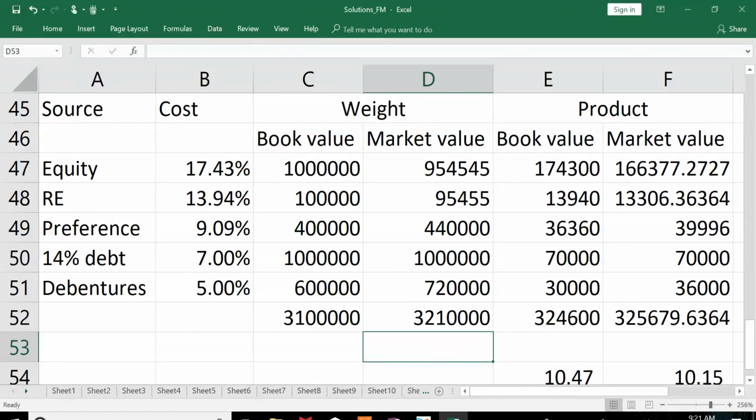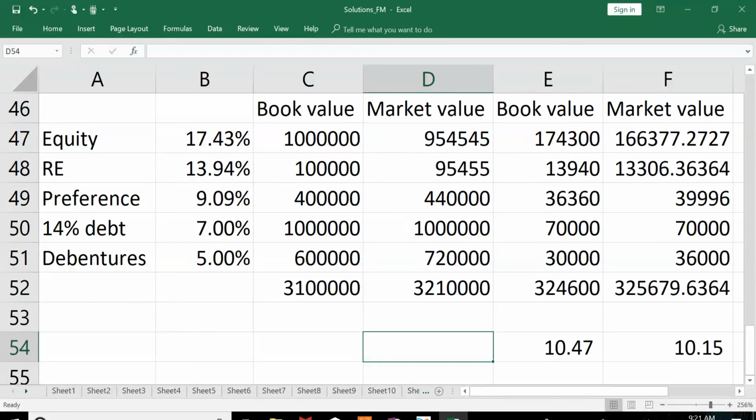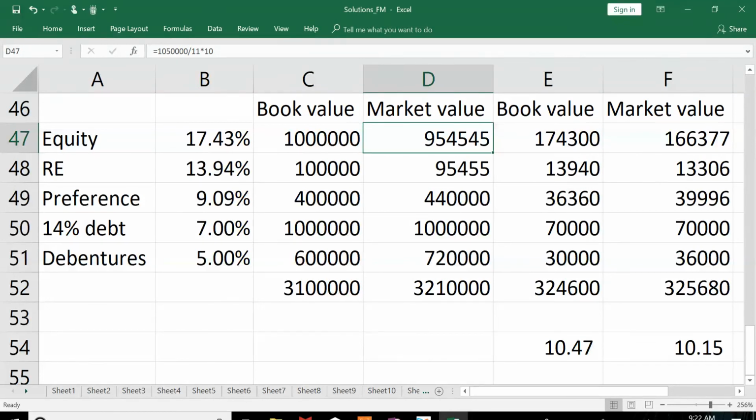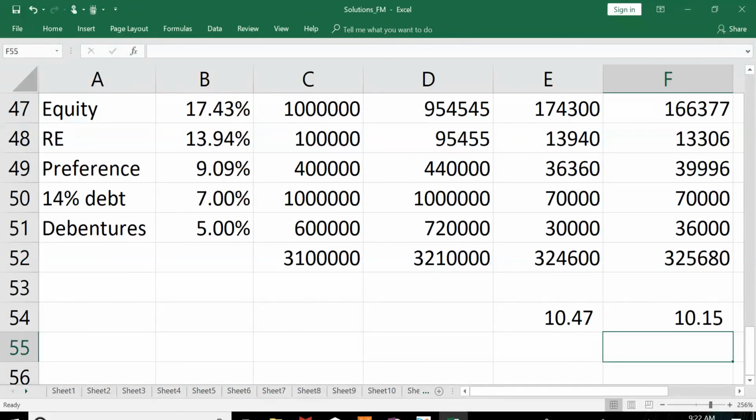Price falls from 110 to 105, so we will have to take care of that. Complete this. I'll end it with this.